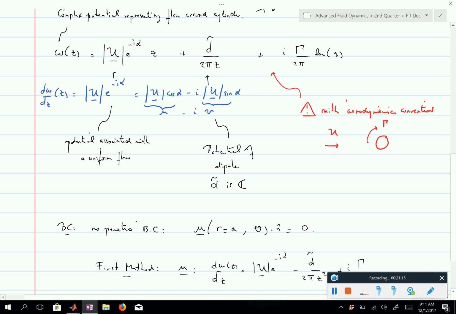Okay? Circulation positive in clockwise direction, because then you have a positive lift.